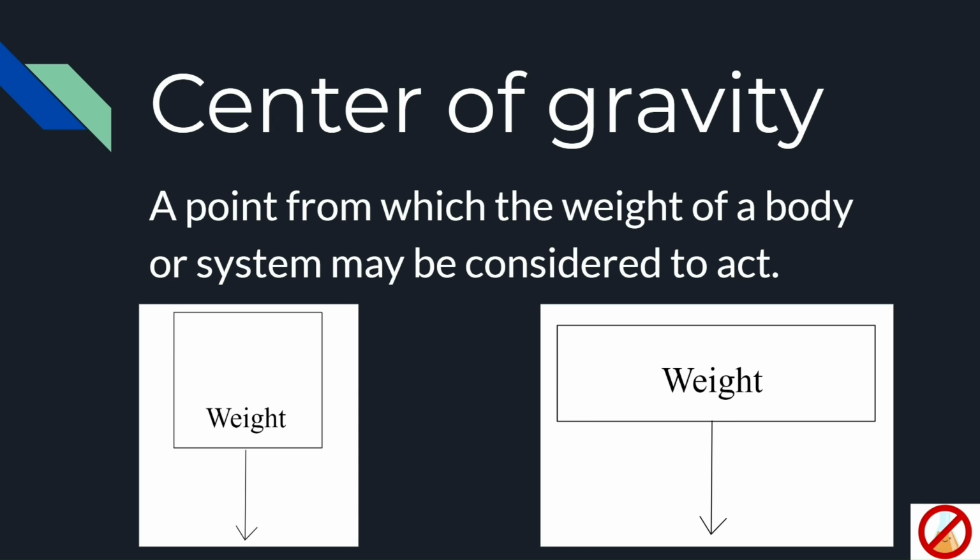In physics, in order to make our calculation slightly easier, we will assume that the entire weight of this object acts right at the center, because we all know that this object exerts the force on its entire surface. But in order to simplify, we just take the center of gravity as being right in the middle of a regular object. So in the future, when you see a regular object, for example a square or a rectangle, just assume the midpoint as the center of gravity.